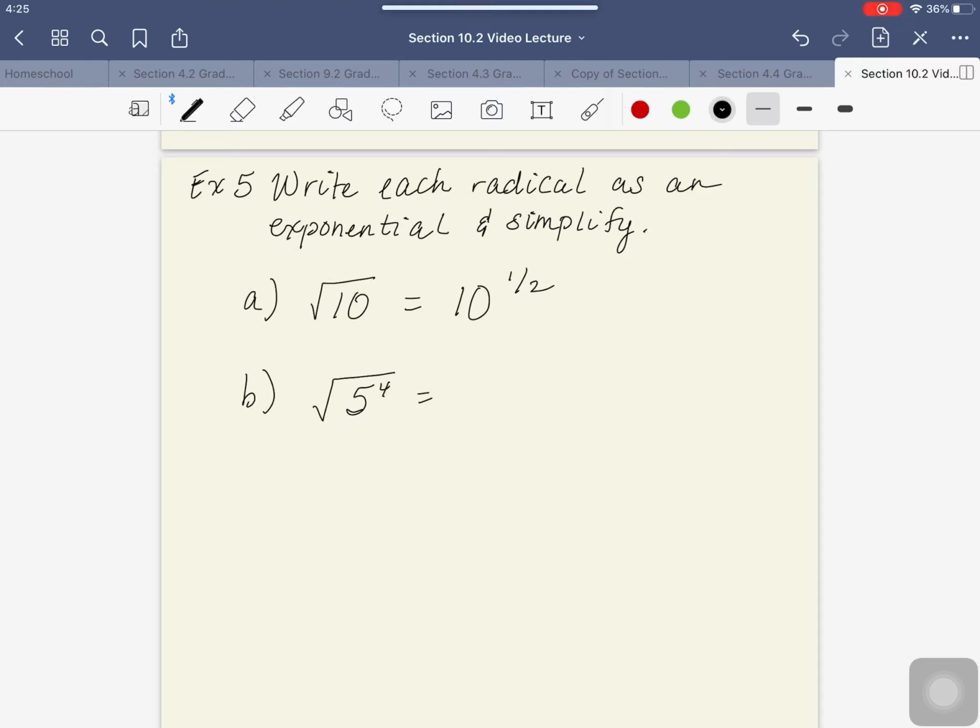Okay, so just remember when we're doing this, roots are down low, so the root is your denominator and powers are up high, so the power is your numerator. So I would write this as 5 to the 4/2 power, but simplify it and make it 5 squared. And we know that 5 squared is 25.